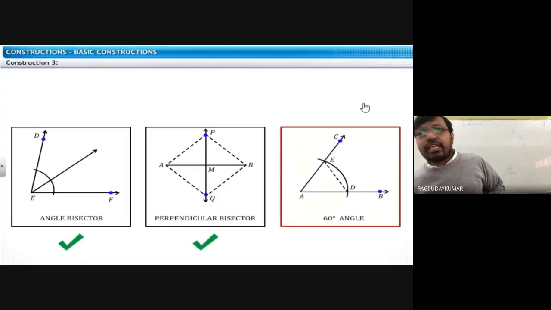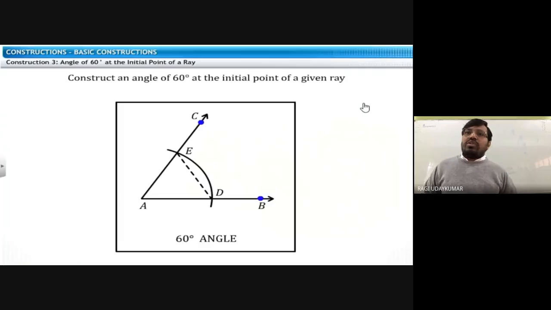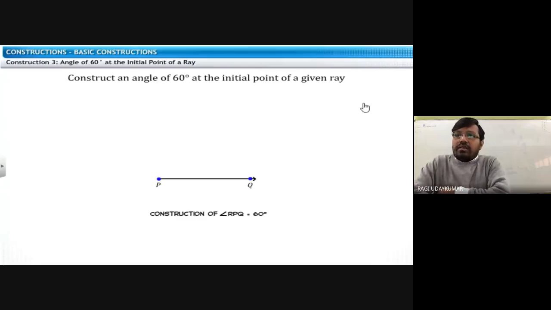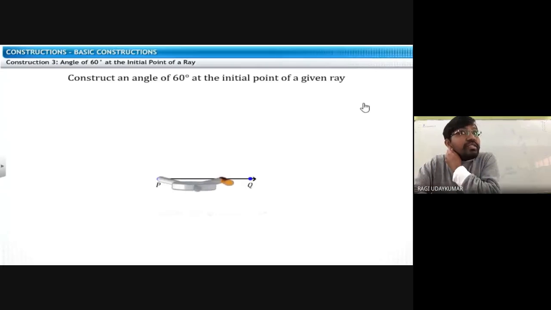Now, how do we construct a 60 degrees angle? It's very simple. You can construct 60 degrees with the help of only compass and ruler. Normally, to construct 60 degrees you can use a protractor. But here we can use only construction of 60 degrees at an initial point.